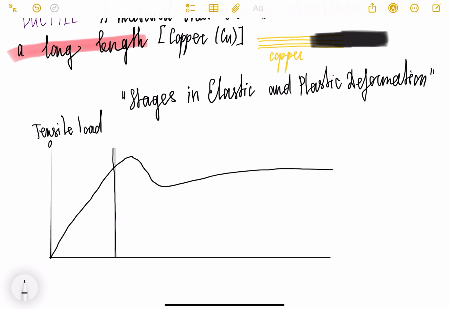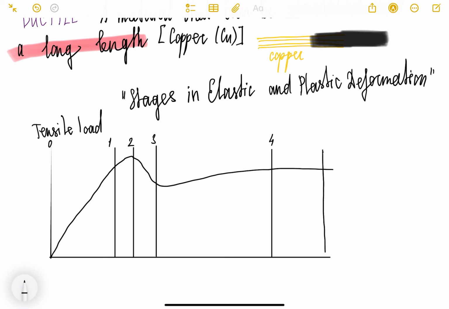This is not a drawing exam, this is for English class. And 2, 3, 4 and 5.